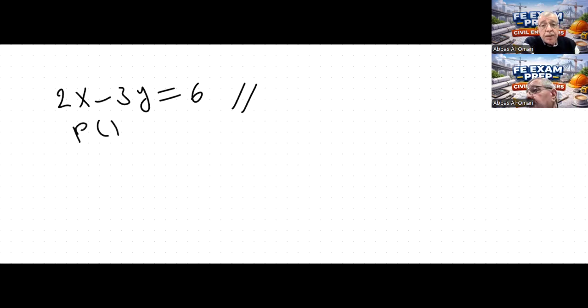So we want the equation of a straight line parallel to 2x minus 3y equals 6 that passes through the point (1, 4).